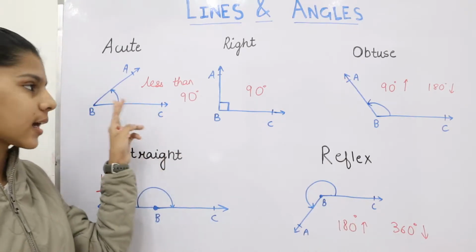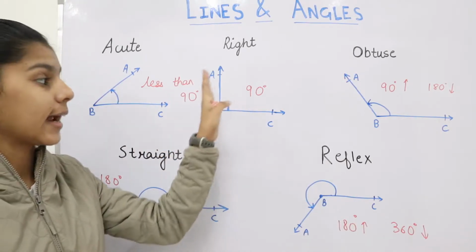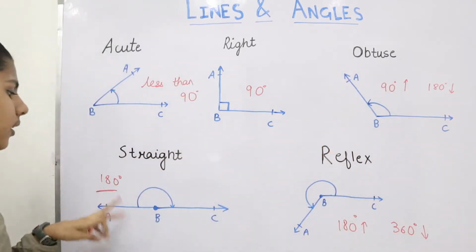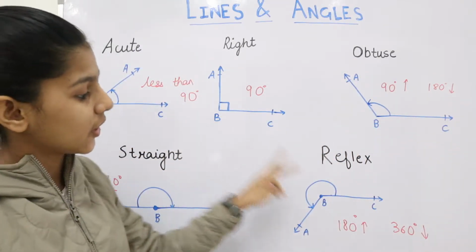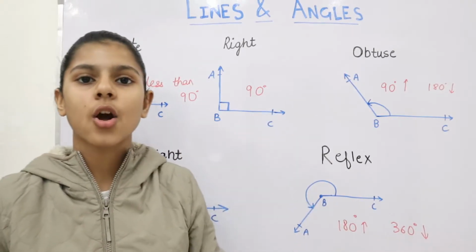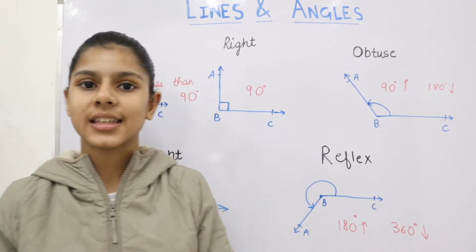First, less than 90 degree, then 90 degree, then greater than 90 but less than 180, then 180 degree, then greater than 180 but less than 360. This is the increasing order in which you have to remember these angles.